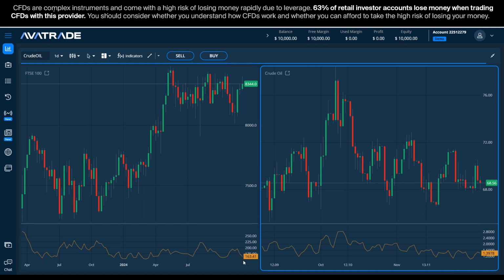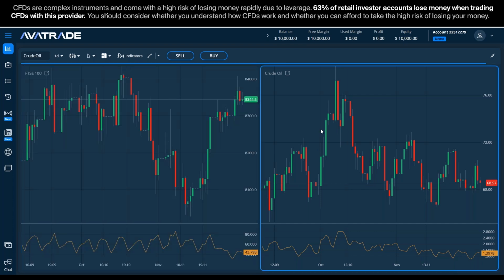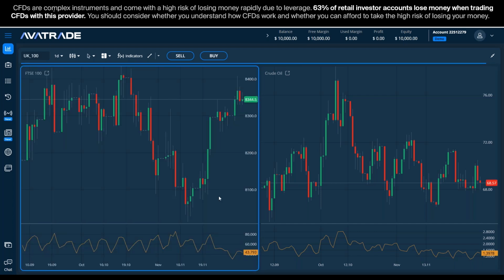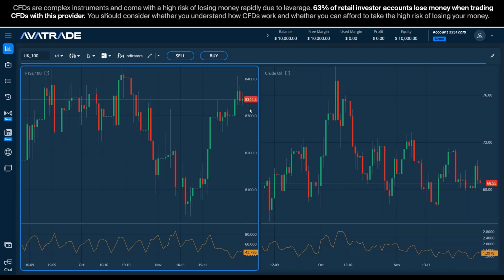FTSE has a tendency to move $163 per, oh sorry, let's also change that to days. But still, as we can see, even though this is days and this is days, oil is moving a little more than $1.3, almost $1.4. But FTSE, because the value is much bigger, has a tendency to move much more.